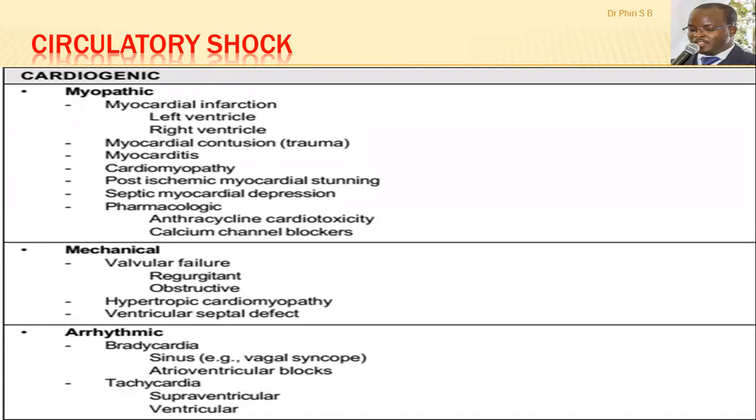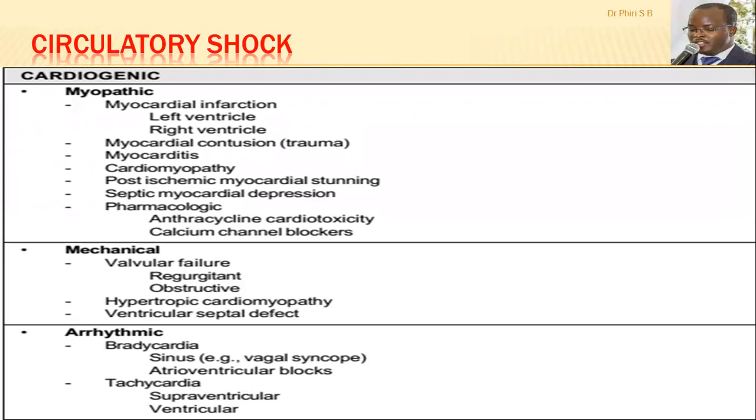Then hypertrophic cardiomyopathy, ventricular septal defects, when you have openings or certain holes that will allow communication of the right part of the heart and the left side of the heart, that will result into decrease in blood pressure, and then that can result into cardiogenic shock.